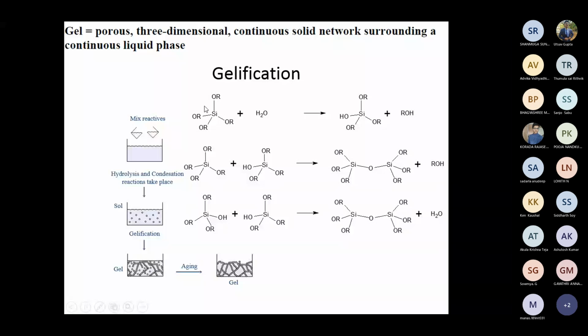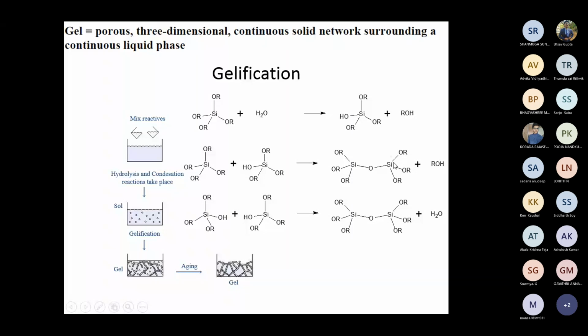This is the schematic representation of how hydrolysis is happening. Here you can see H2O. This H2O connects and forms OH. Similarly, this is SiOR and this is OH formation, and finally they will be connected.